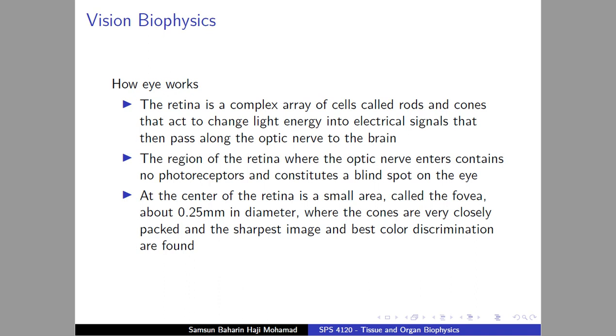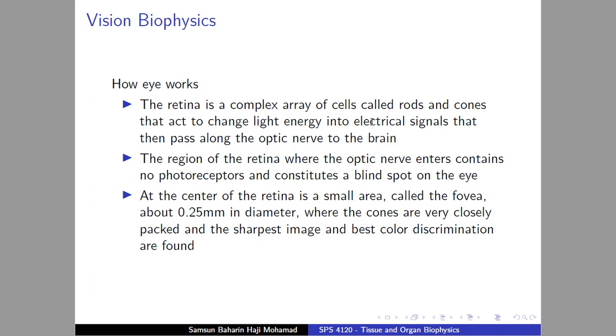The retina is a complex array of cells called rods and cones that act to change light energy into an electrical signal that then passes along the optic nerve to the brain. The region of the retina where the optic nerve enters contains no photoreceptors and constitutes a blind spot in the eye.